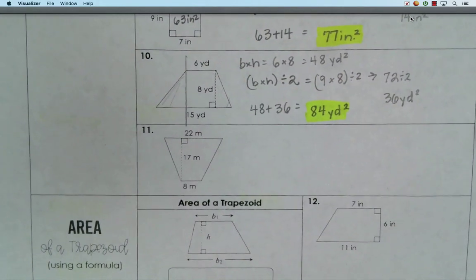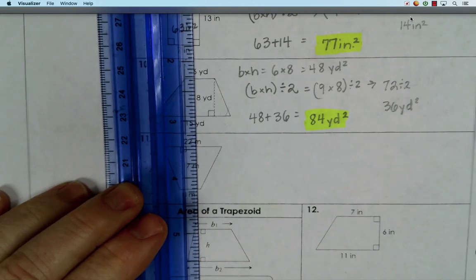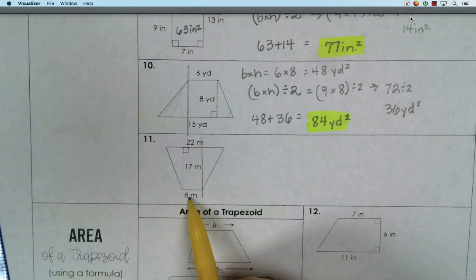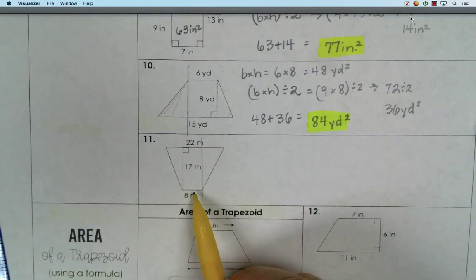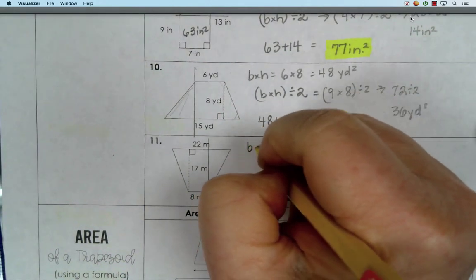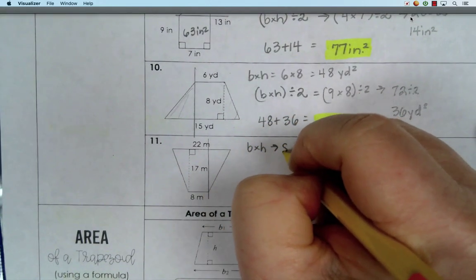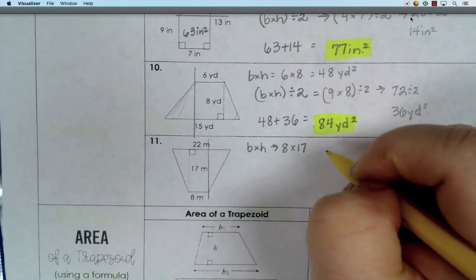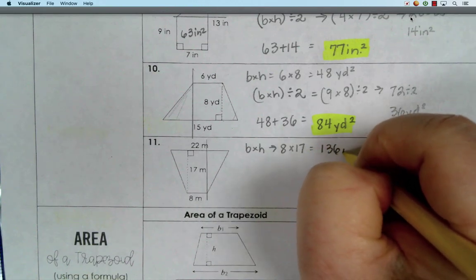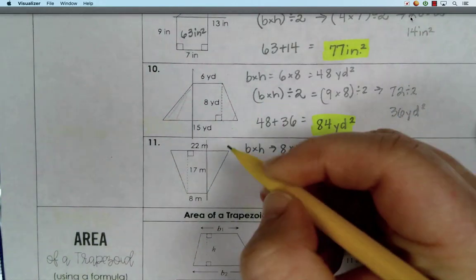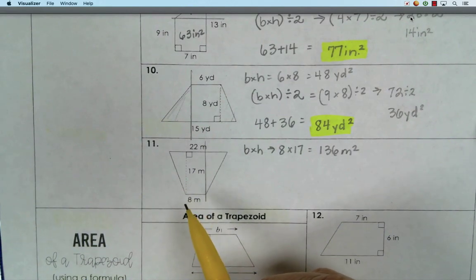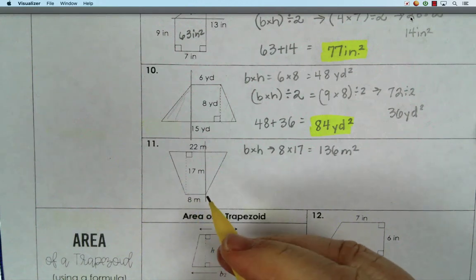Okay, and then number 11. First, I'm going to do that rectangle again. So length times width, or base times height, excuse me. So base times height, 8 times 17, which is 136 meters squared. And then I have to do 22 minus 8 to get my base for the triangle.